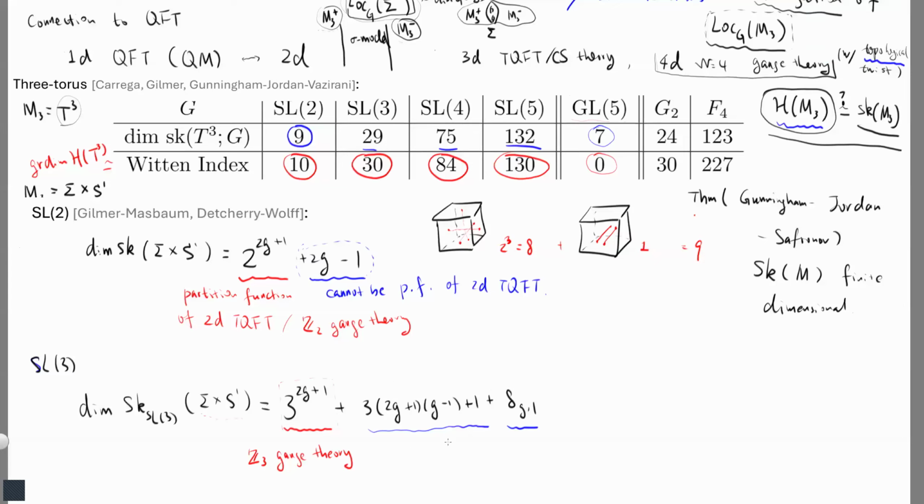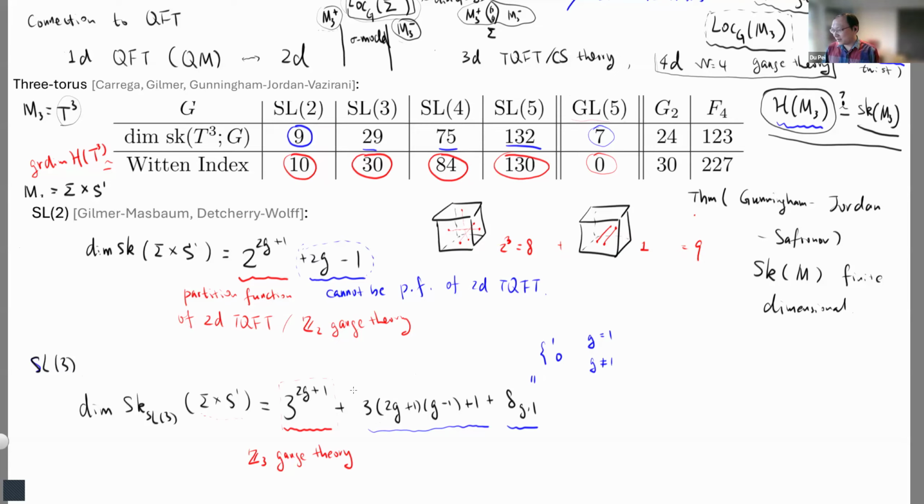What is the last summand? Yeah, it's a delta. It equals 1 if the torsion equals 1, and equals 0 if it is not equal to 1. So it has this part that's still unusual from a TQFT perspective.